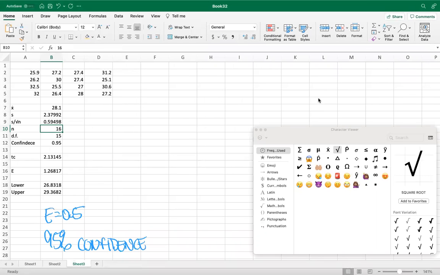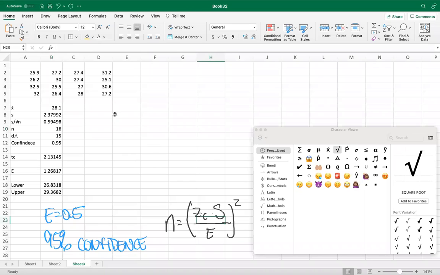Okay, so now the equation for n: n is equal to z sub alpha over 2, our critical value for z, times our standard deviation, divided by our margin of error, all squared. Be very careful, because this time we have a z-score that we're looking for, a critical z-value, so we're using the normal distribution.